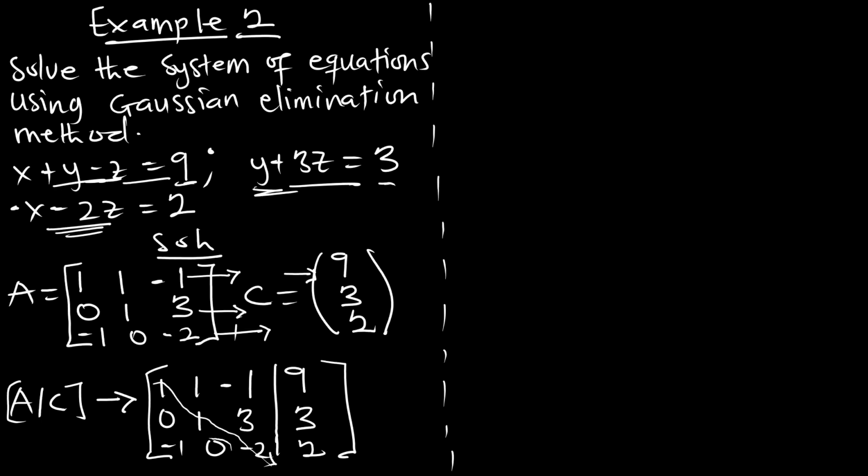This is quite easy because we can see that most of them are already 0 and we can do it straightforward. So this is already 0, this is already 0. We have to convert this negative 1 to 0 and convert this negative 2 to 1. That would be very simple.